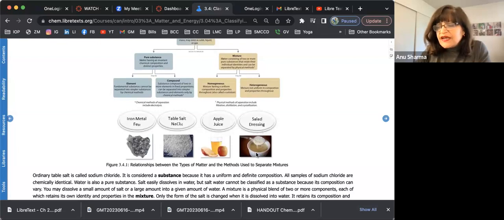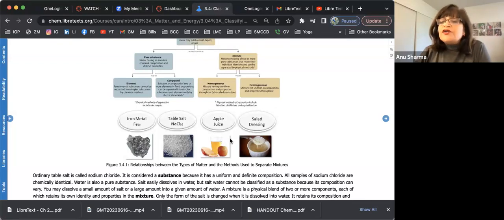For example, salad dressing or even a salad: the individual components can be seen by the naked eye. But in a homogeneous mixture, they look the same. For example, here's apple juice. You take water and add some apple juice to it, and it all looks the same.